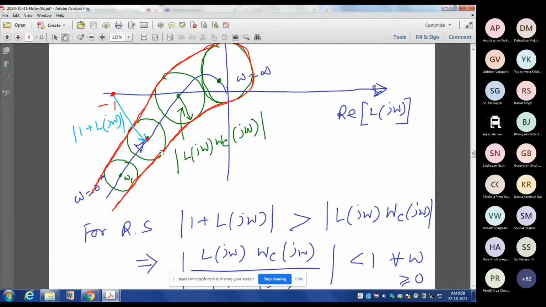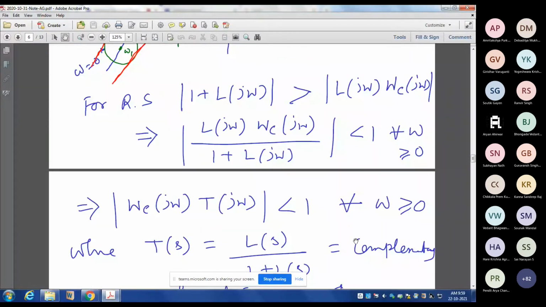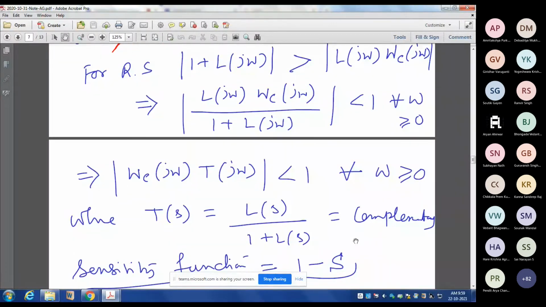This should hold for all omega, for all such discs. So |L(jω) WC(jω) / (1 + L(jω))| should be less than 1. Now it has a very interesting property.